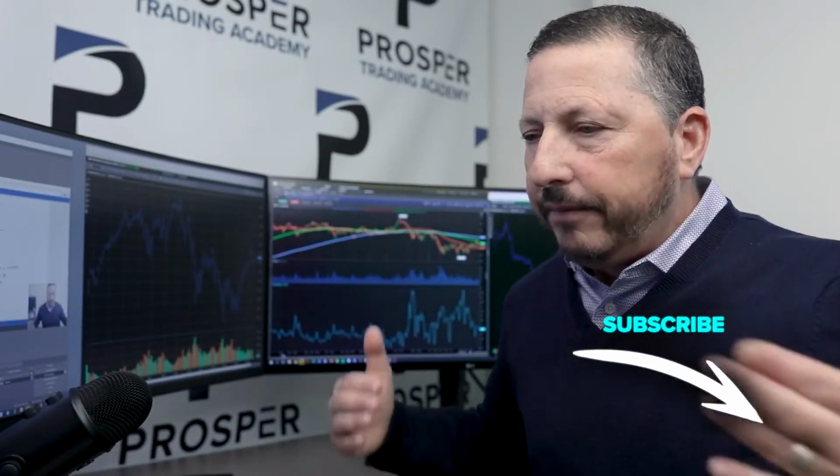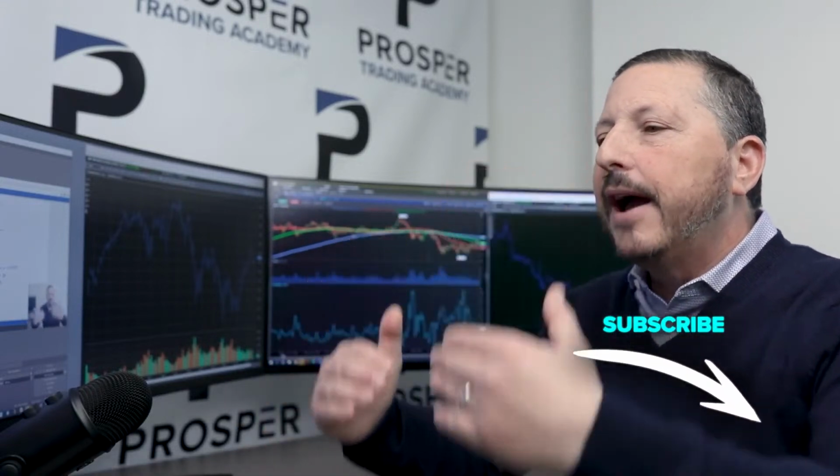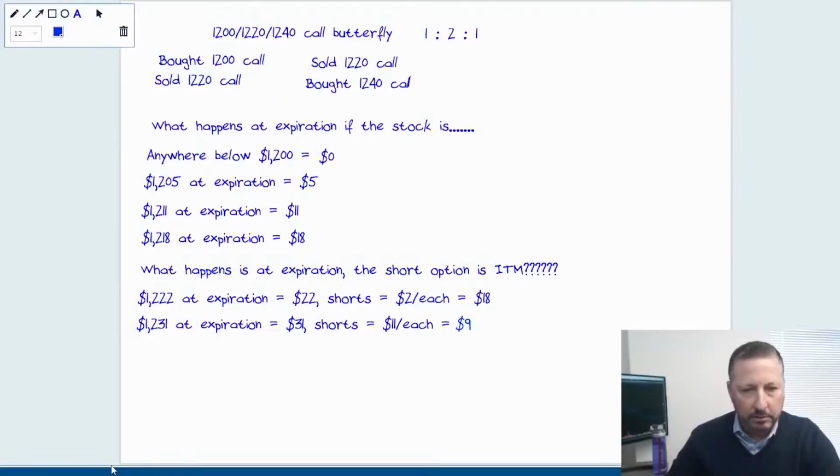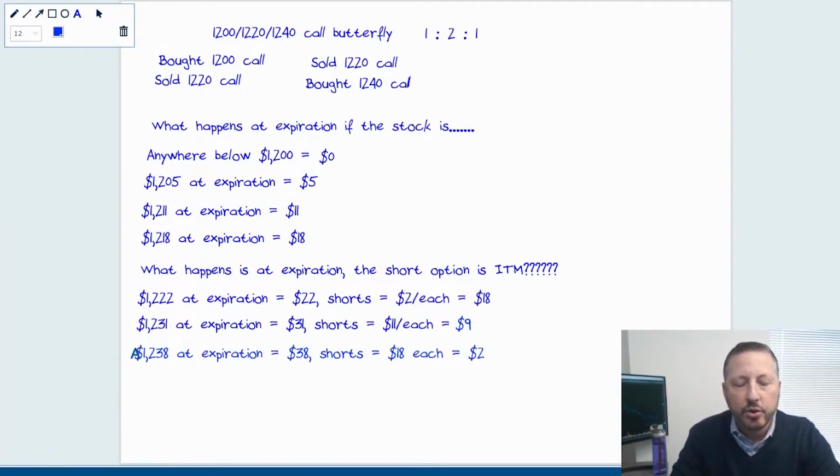And as we get closer and closer to the end of the butterfly strikes, the 1240 in this instance, the value of this position is going to keep decreasing. So at 1238, we have 38. The shorts are worth 18 each for a value of $2.